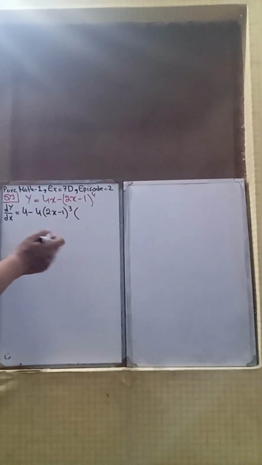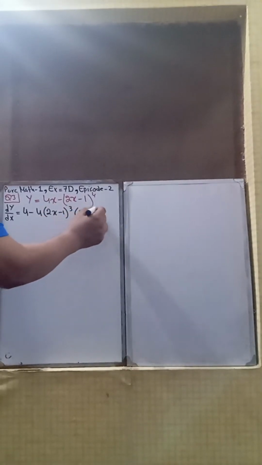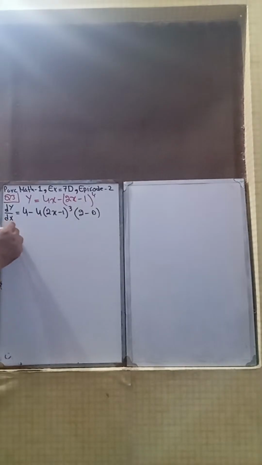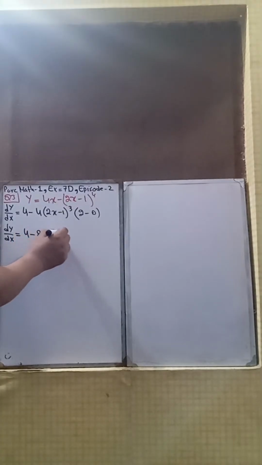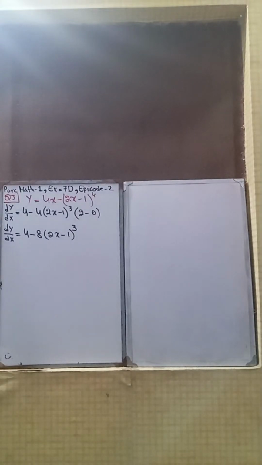Then the derivative of the base will be 2 minus 0. So dy by dx will be equal to 4 minus 8 into (2x minus 1) raised to power 3. So this is their first question. They ask us to find the first derivative.